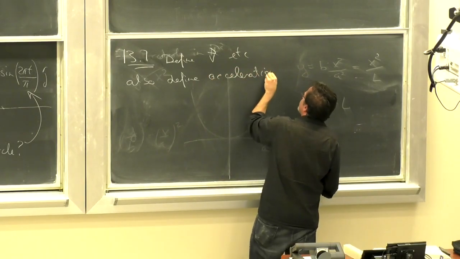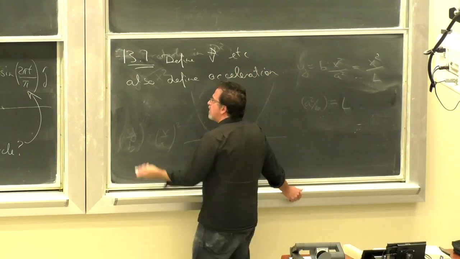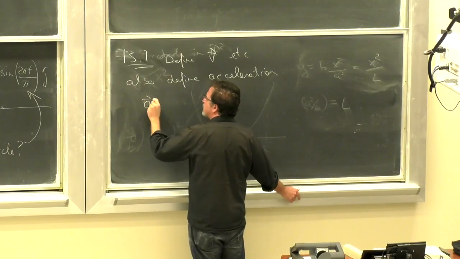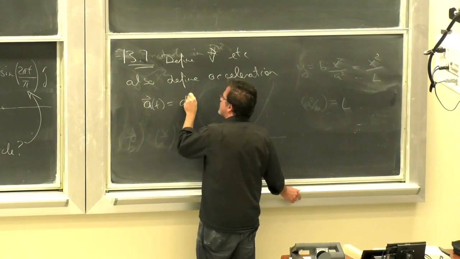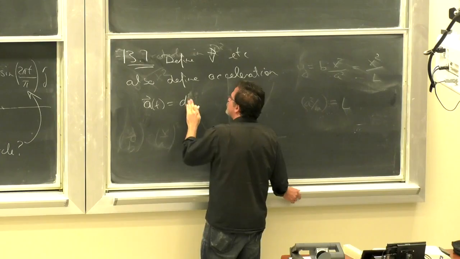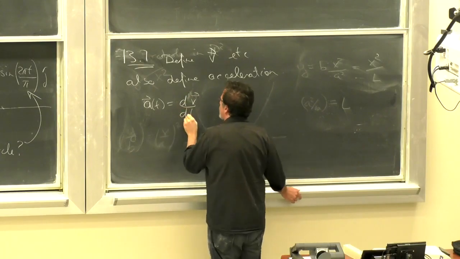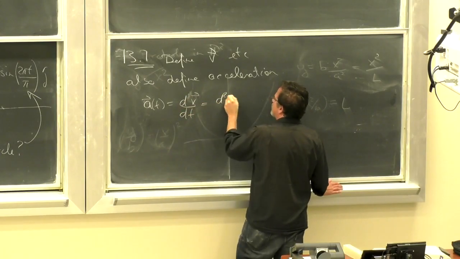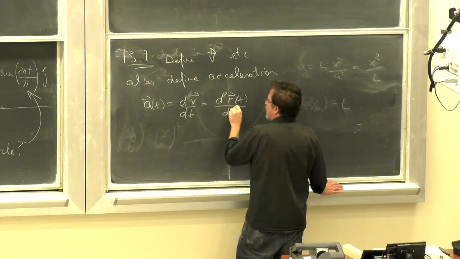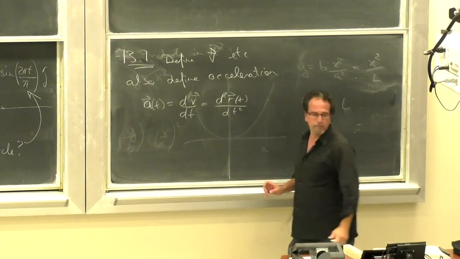And you guys have been in this business long enough to know now that the acceleration, a vector which is a function of time, is simply the first derivative of the velocity, which must therefore be the second derivative of the position. All of these are functions of time.